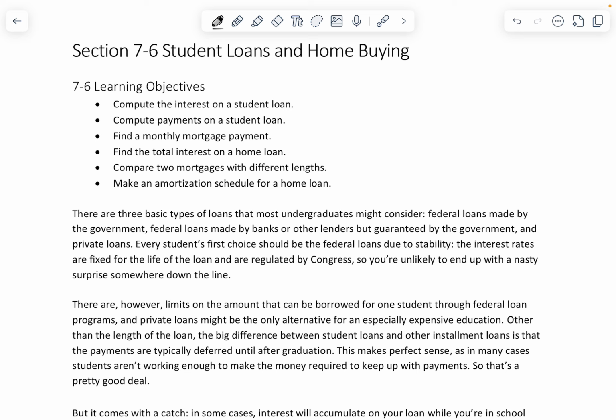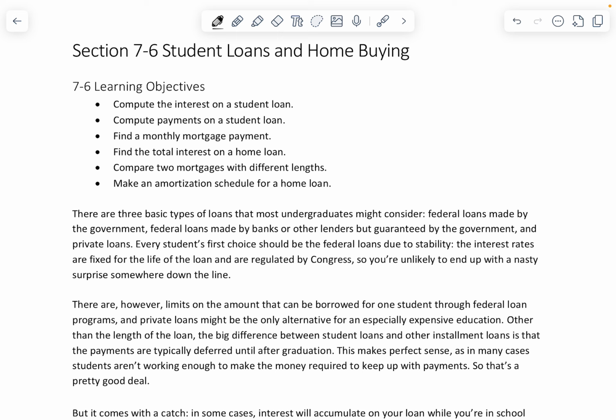Now, there are three basic types of loans that most undergraduates might consider. Federal loans made by the government, federal loans made by banks or other lenders but guaranteed by the government, and private loans. In general, federal loans should be a student's first choice because of the stability.